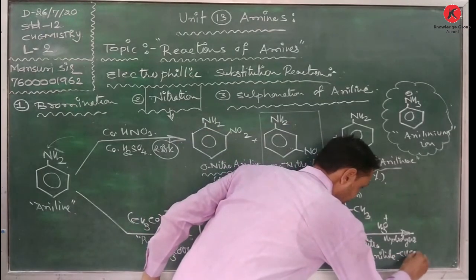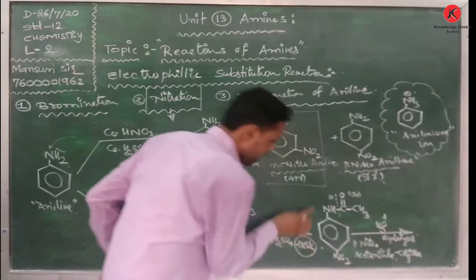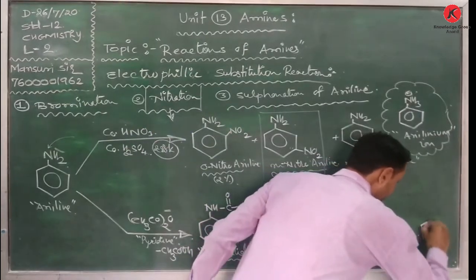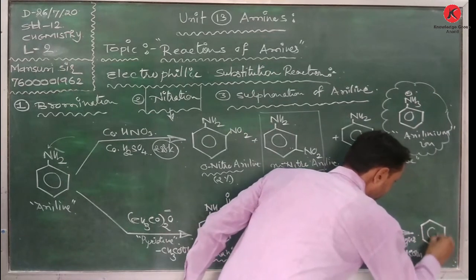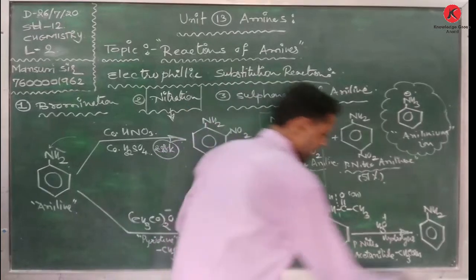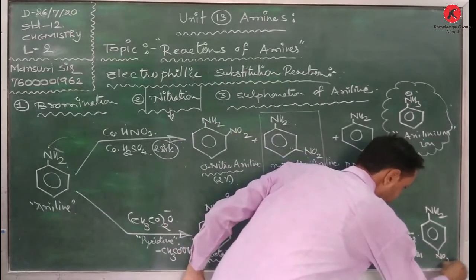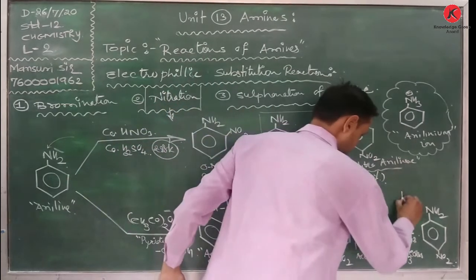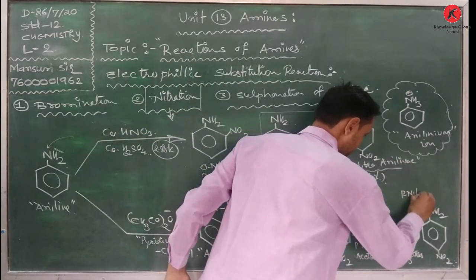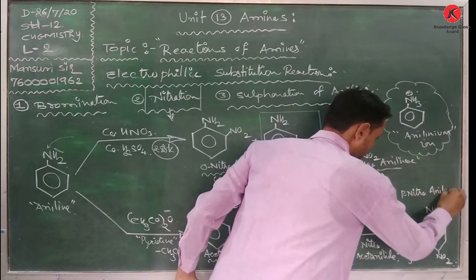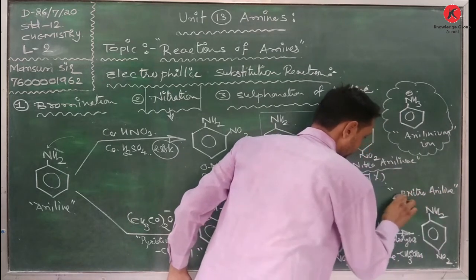So CH3COOH will be removed and hydrogen will be going toward nitrogen, that is why aniline is formed, and on para position nitro is as it is. So this is my para-nitroaniline.